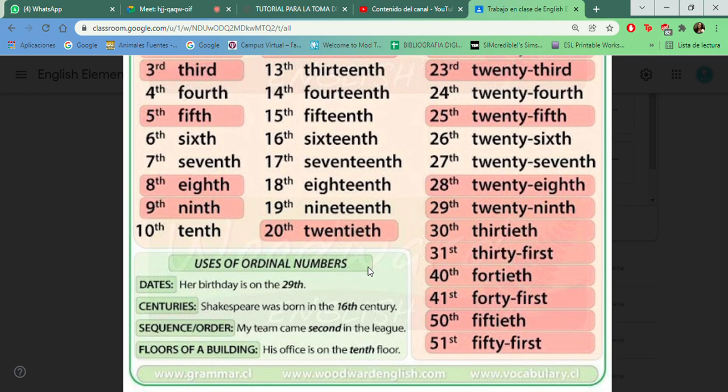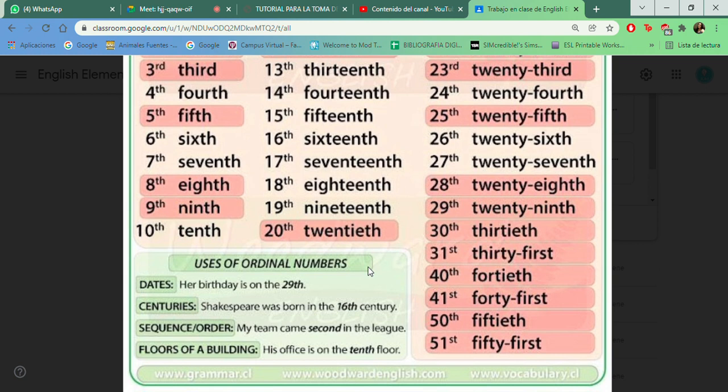Good. Then we have the sequence or order. For example, my team came second in the league. Right? So I got first place. So it's a sequence or order in line, right?